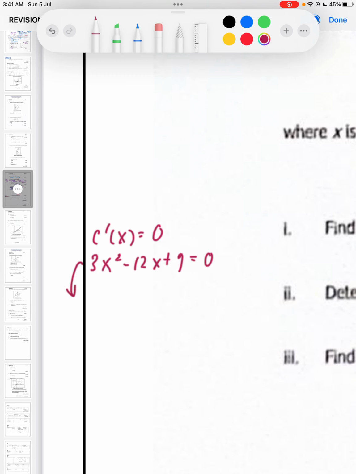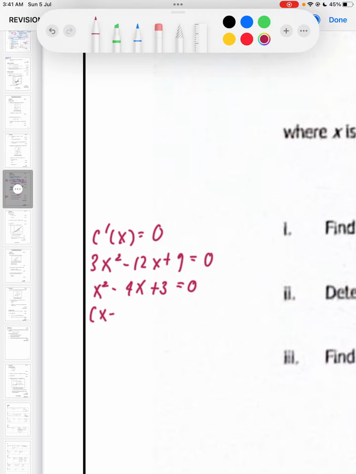In this case, you can actually divide it by 3 to become something like this. I don't know if that is good practice in our syllabus, but in SPM, yes, that is good practice. And then we are going to factorize it. It's going to be x squared minus 4x plus 3.